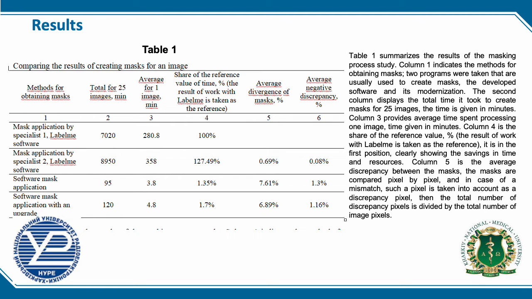Column 5 is the average discrepancy between the masks. The masks are compared pixel by pixel, and in case of a mismatch, such a pixel is taken into account as a discrepancy pixel, then the total number of discrepancy pixels is divided by the total number of image pixels.